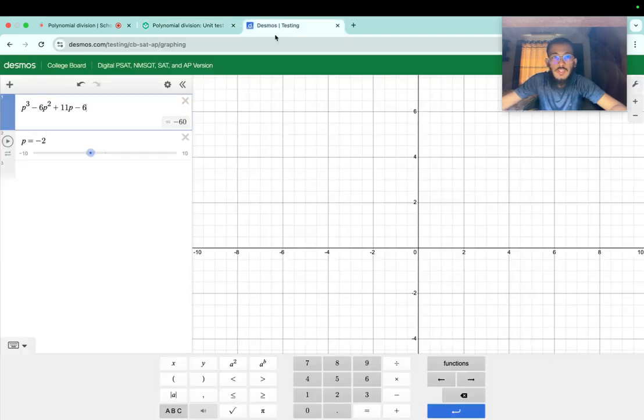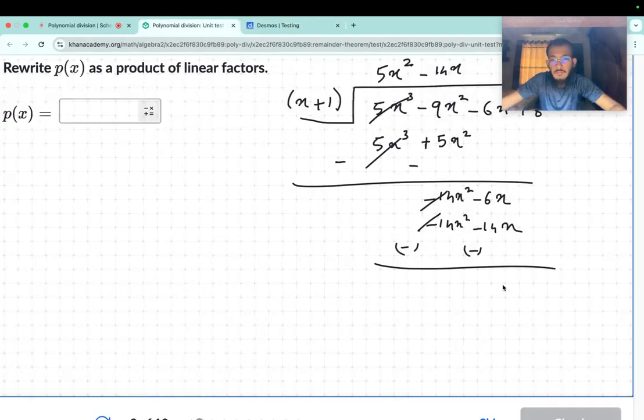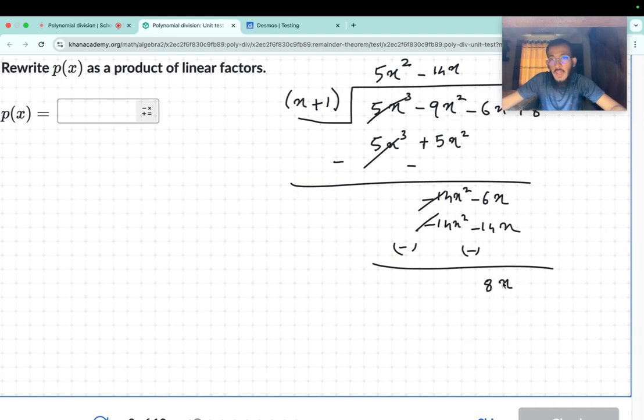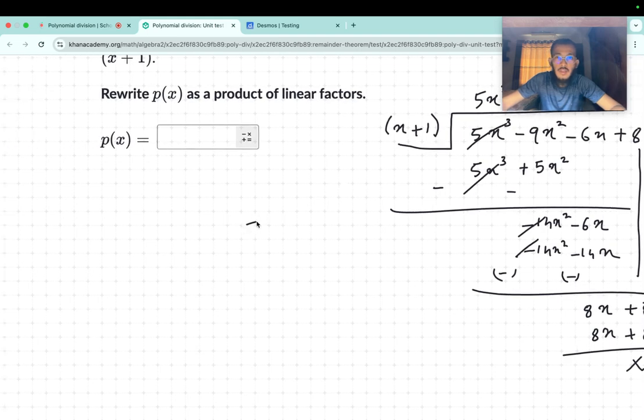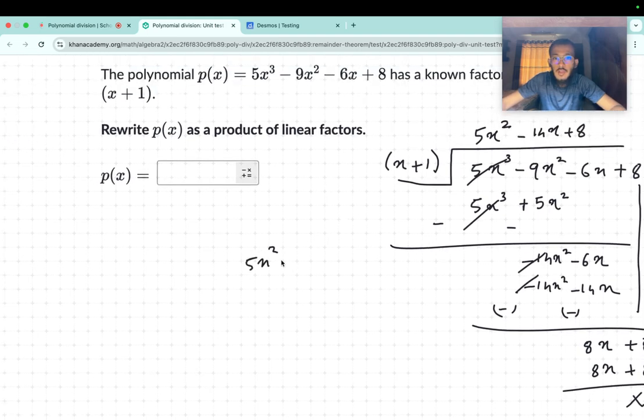Positive 14 minus 6 is 8x, and we also have this 8 from here, so positive 8. So that 8 times x plus 1 gives x plus 8, and the remainder is 0. So this is our quadratic factor, 5x squared negative 14x plus 8.